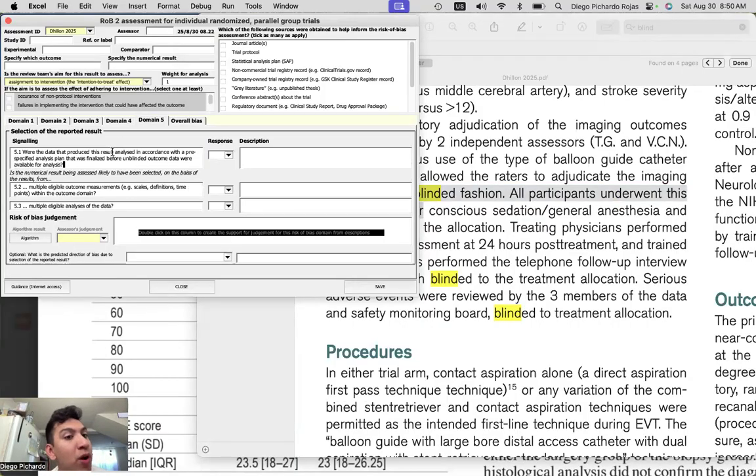Were the data that produced this result analyzed in accordance with a pre-specified analysis plan that was finalized before unblinded data were available for analysis? Basically, imagine all of the data collection is blinded, and just when we're finished and about to start analyzing the data, we become unblinded.